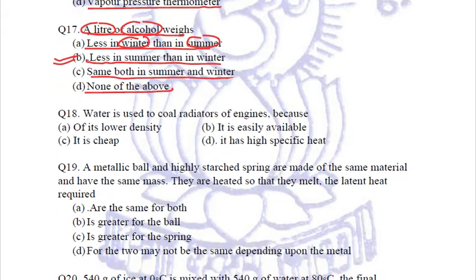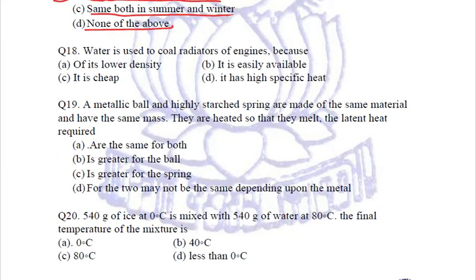Let us see the next question. Question number 18. Water is used to cool radiators of engines. Why? Because of its lower density, or it is easily available, or because it is cheap, or because it has high specific heat.